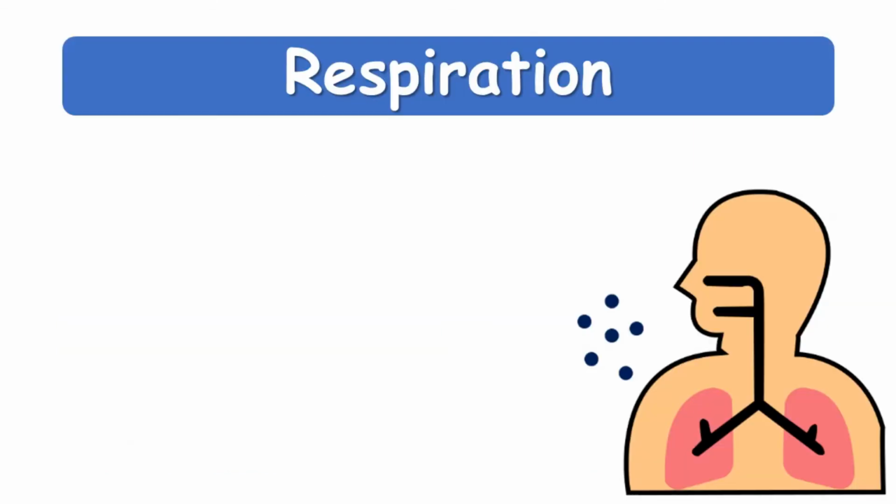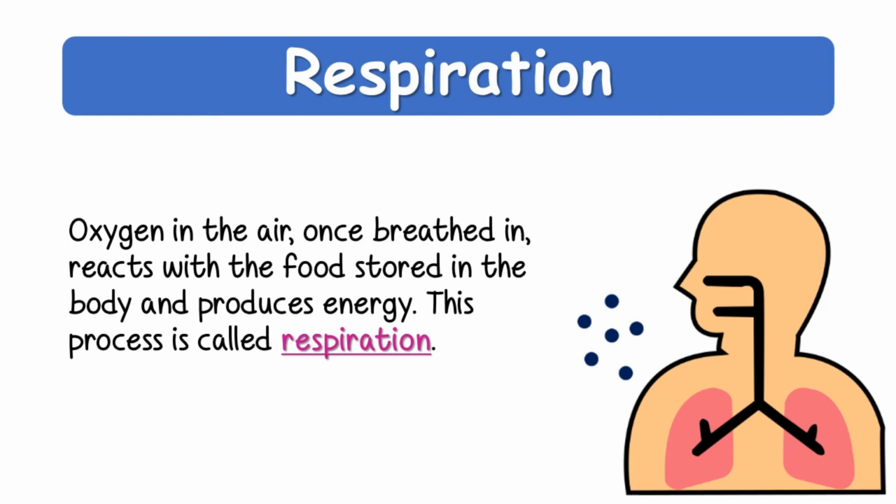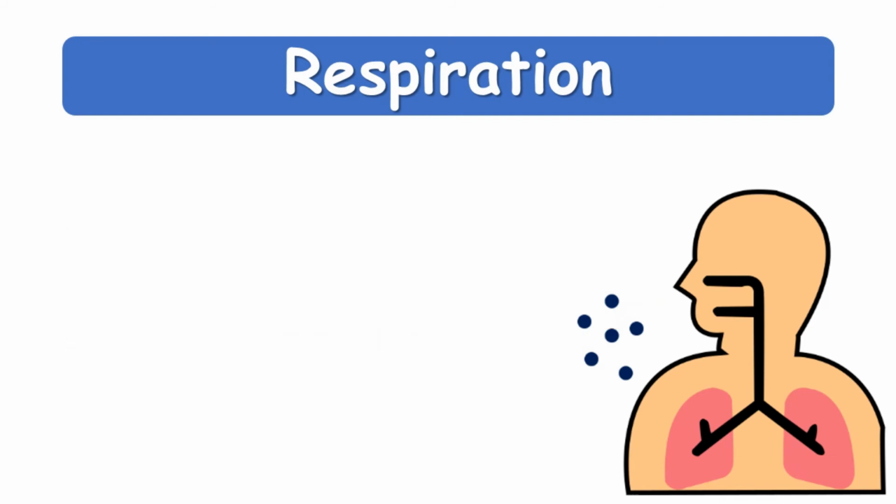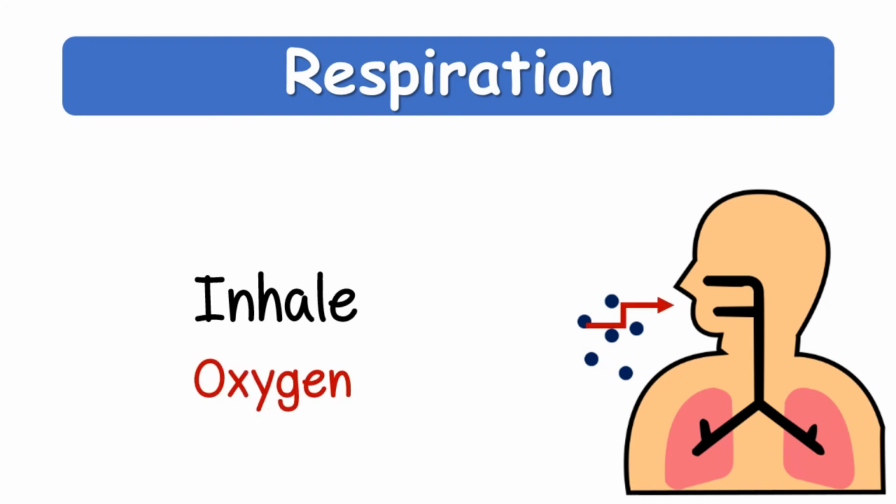The fourth characteristic we are going to discuss is respiration. Oxygen in the air, once breathed in, reacts with the food stored in the body and produces energy. This process is called respiration. Breathe in is called inhale, and we inhale oxygen gas.